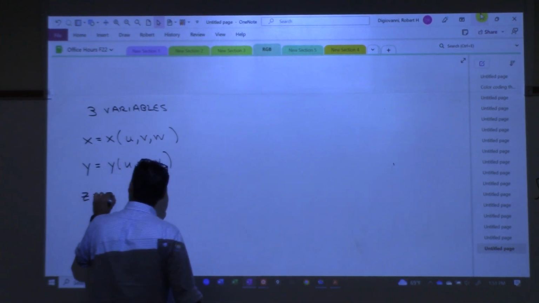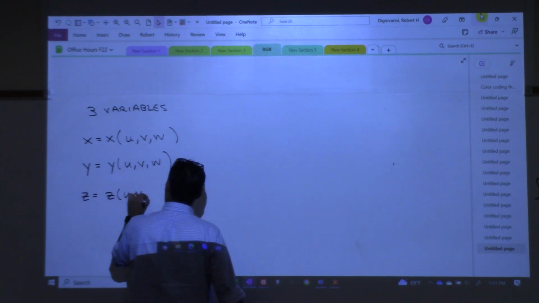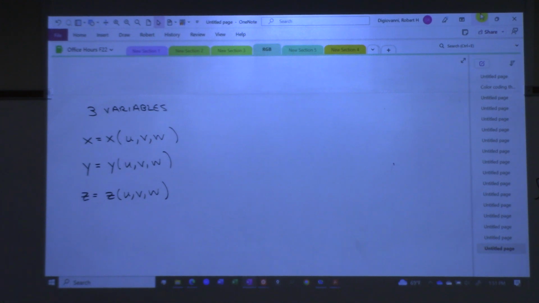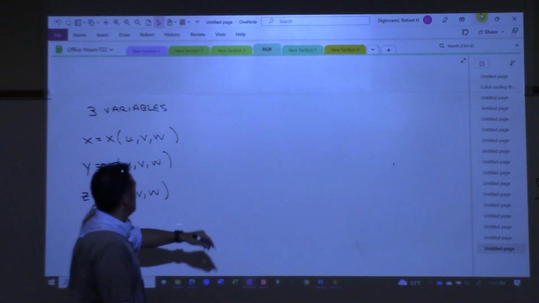Z is some function of u, v, and w, right? So if those are my conversions over to this new coordinate system, I now need the Jacobian and then its determinant. So let's make the Jacobian first.